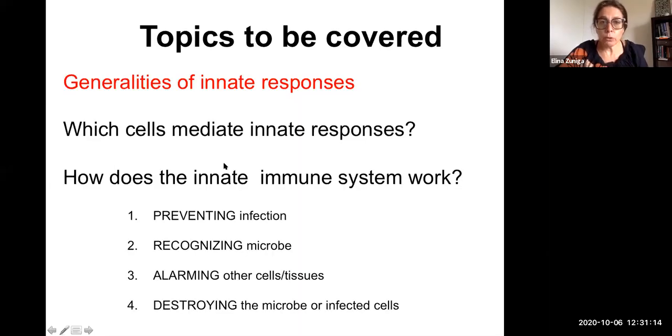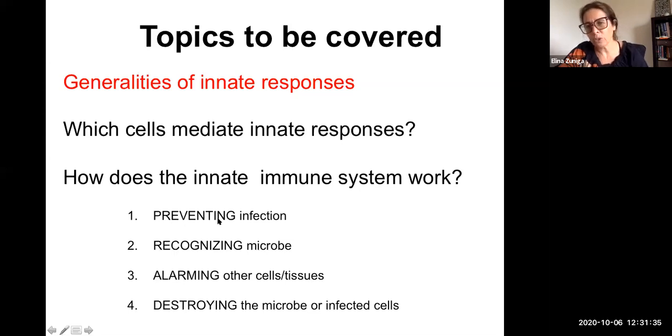Okay, today we will be starting to cover innate immune responses. We will go through the generalities of innate immune responses, which cells mediate them, and how the innate immune system works.